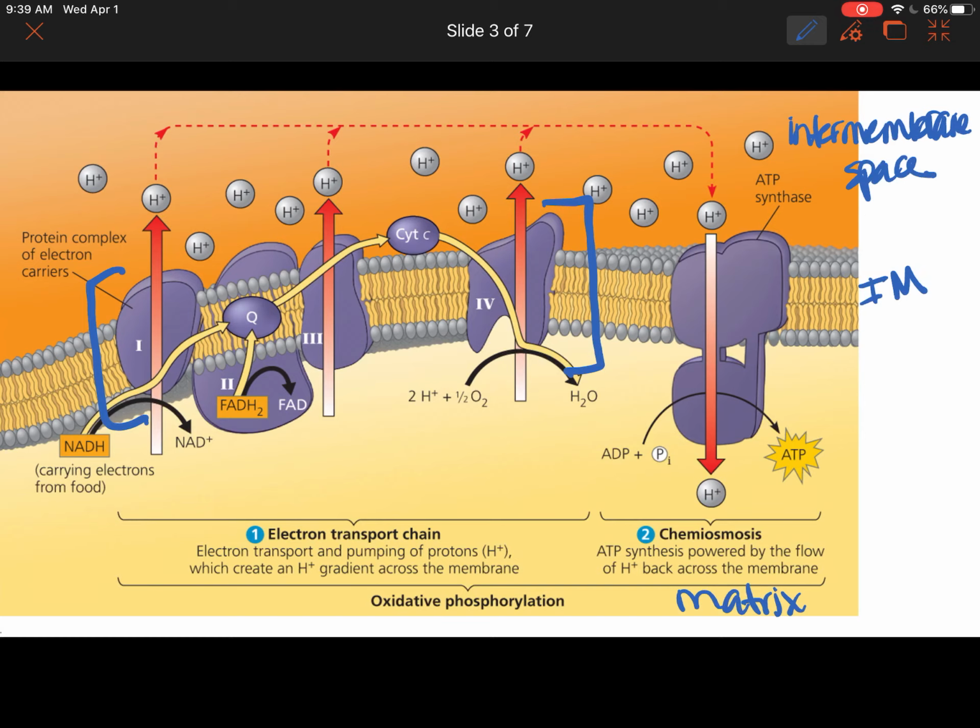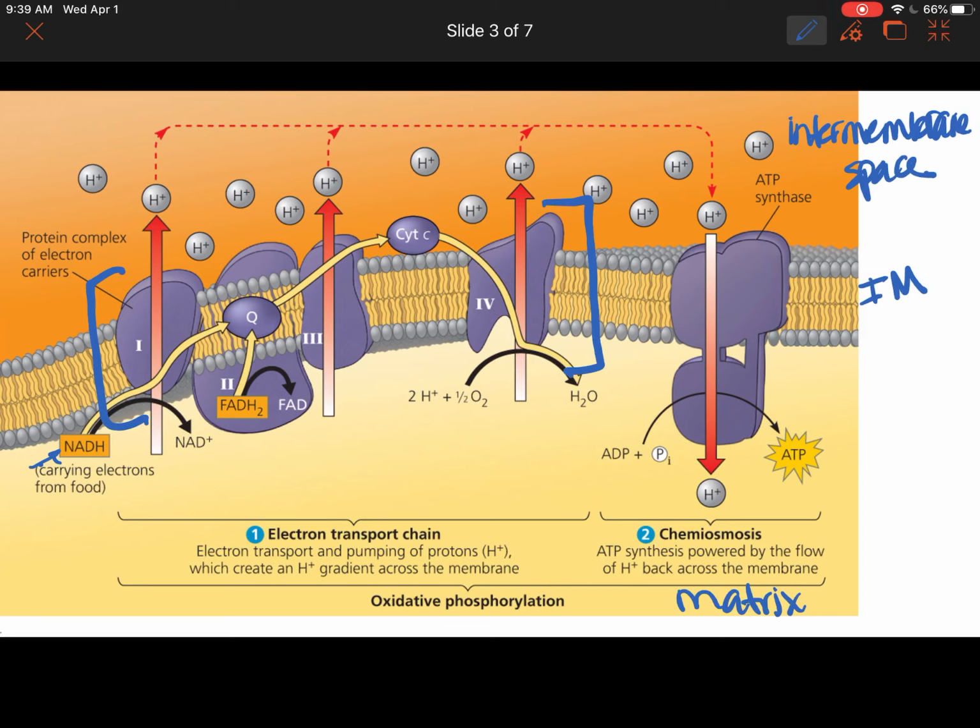Okay. So what happens is that NADH, which is present in the matrix of the mitochondria, either from being generated in the citric acid cycle or being generated in glycolysis and diffusing into the mitochondria. Regardless, the NADH is in the matrix. And NADH is going to give its electrons to complex 1 in the electron transport chain.